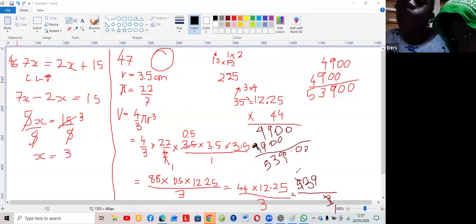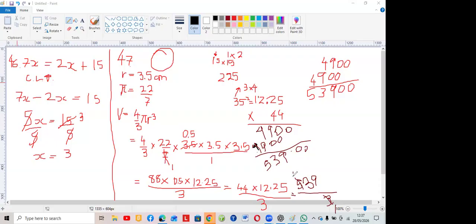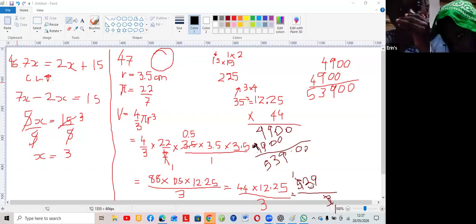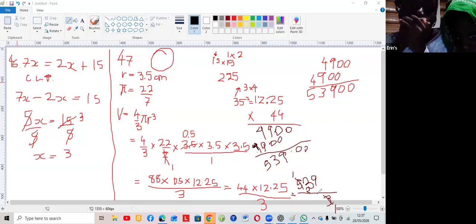You're not saying anything. You're supposed to be explaining to us as you're going. 3 in 5, 1 remainder 2. Faith, open your mouth and talk quickly. 3 in 5, 1 remainder 2. 3 in 23, 7 in 20.